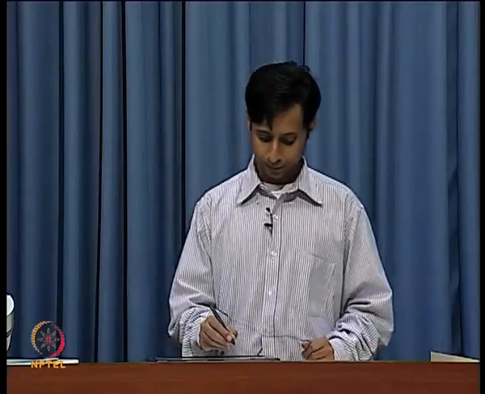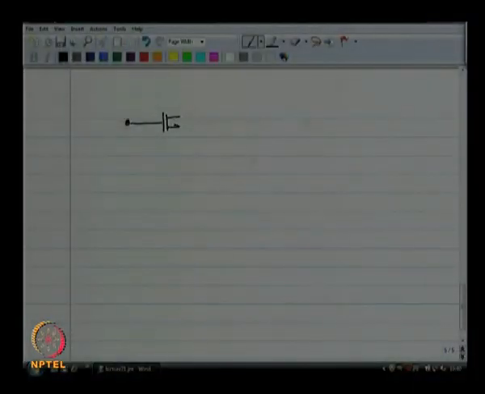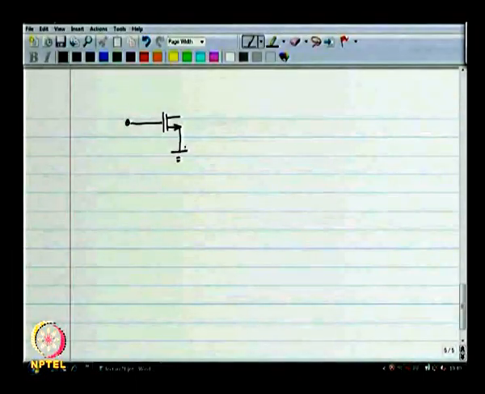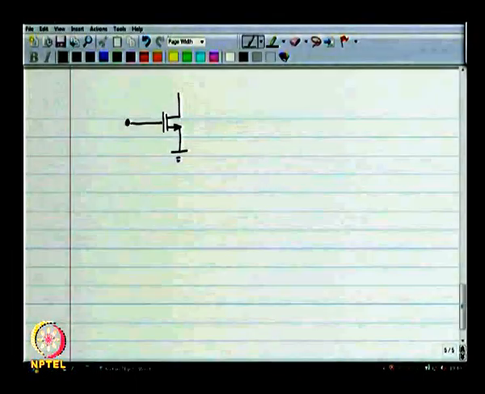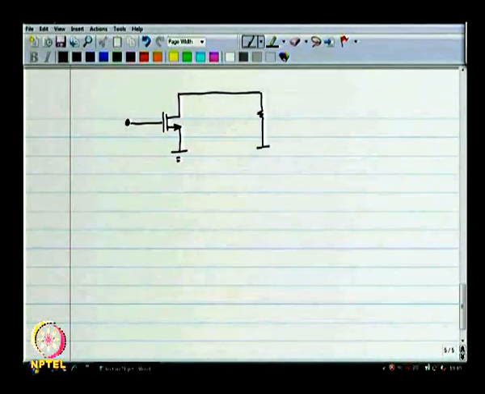Now, before we start off with the next set of definitions, how are you going to find out... let us say this is your circuit.